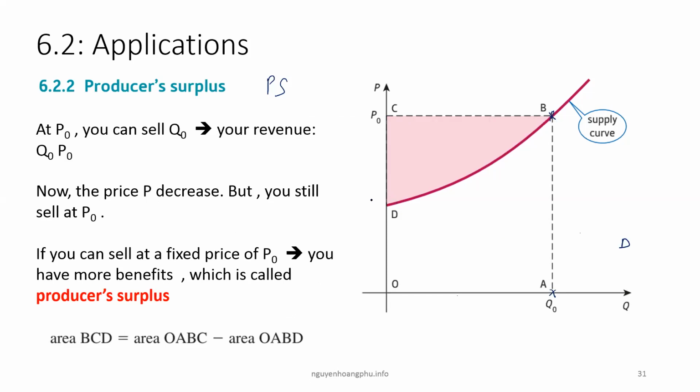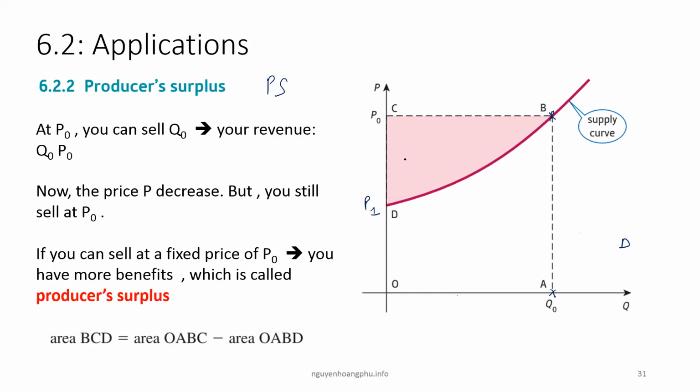However, when the price goes down to maybe P1, but you still produce and can sell at Q0, the total area here is what you get.